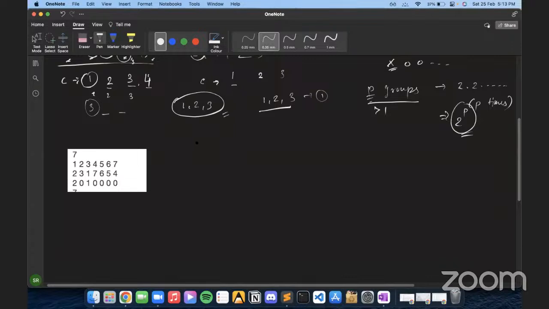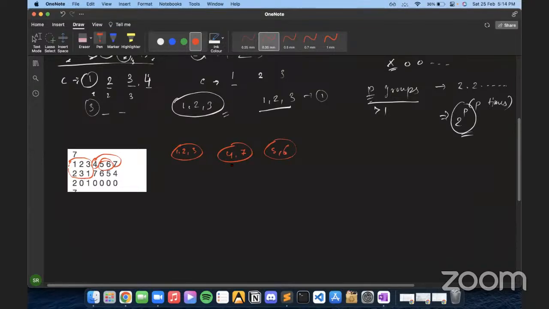So here, what groups can you see over here? I can see 1, 2, 3. This has a group. We can take 4, this has a group, and 5 and 6 has a group. Right? 1, 2, 3 is a group. 4 and 7 is a group. 5 and 6 is a group.